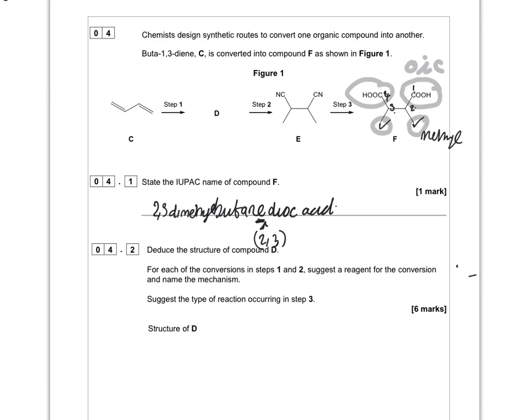Don't forget the E, butane or butanedioic acid. Di, because there are 2 oic acids, dimethyl. So let's write that again. 2, 3, di, because there are 2 of them. Methyl, because there are 2 methyl groups. Butanedioic acid.